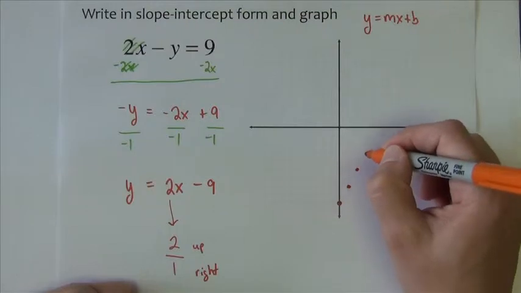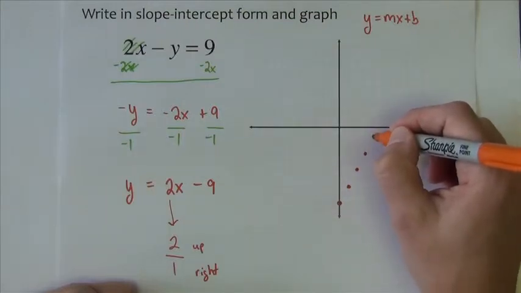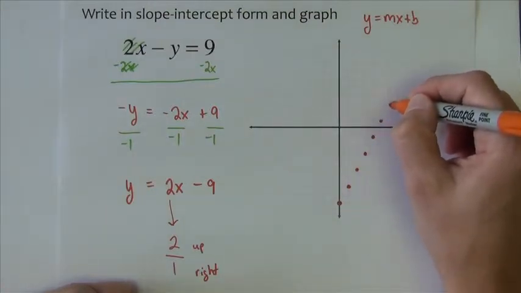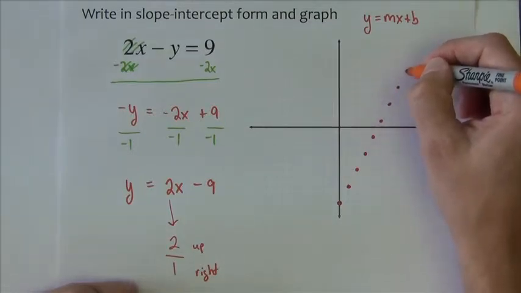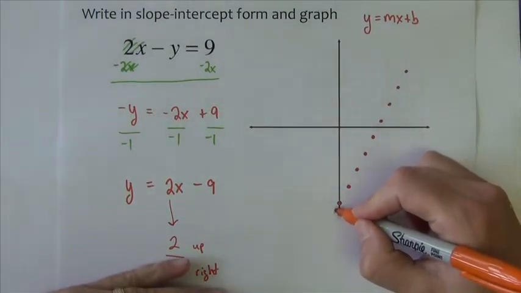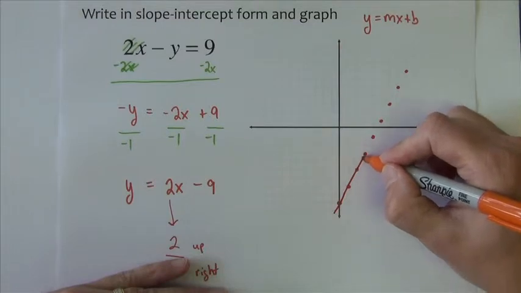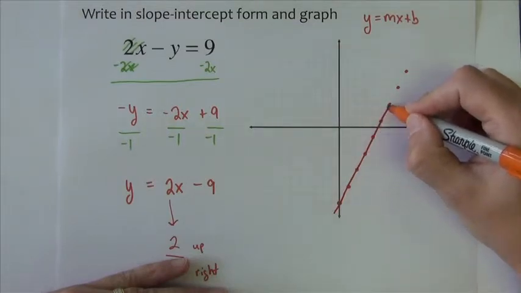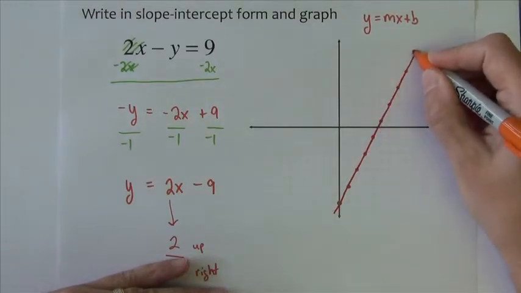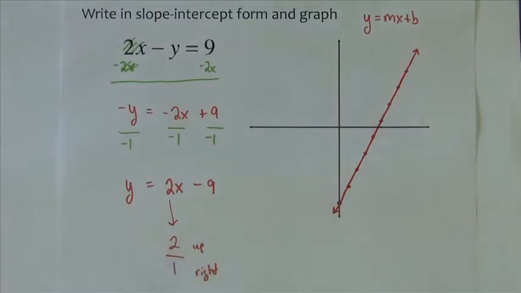And we can continue plotting out up 2, right 1. Fill up as much of the graph as you need so that you can draw a straight line. And there's our line drawn.